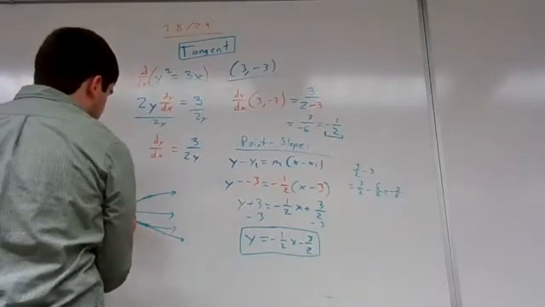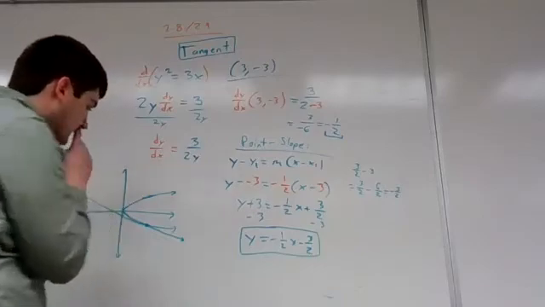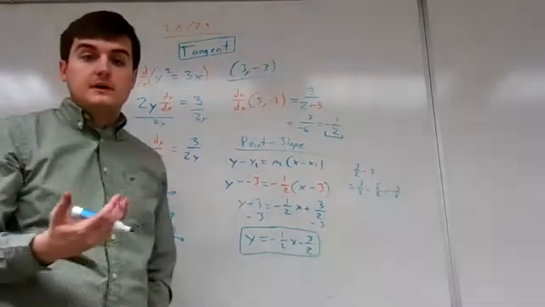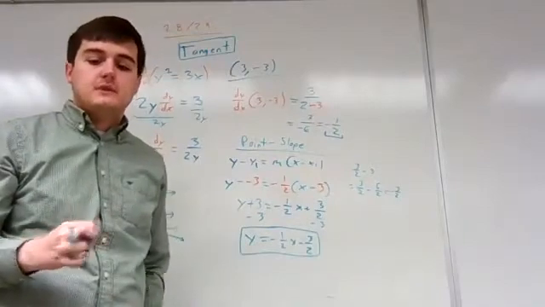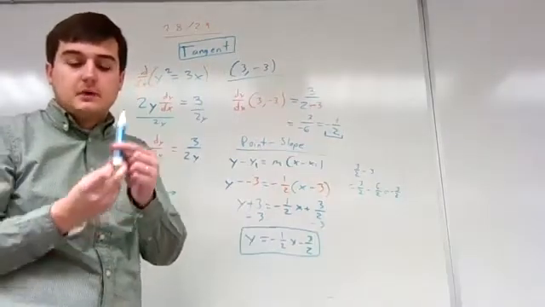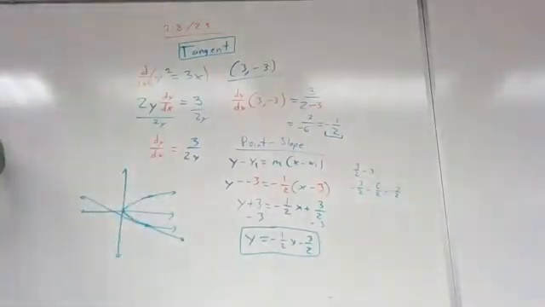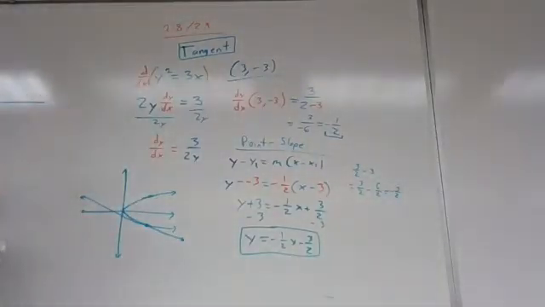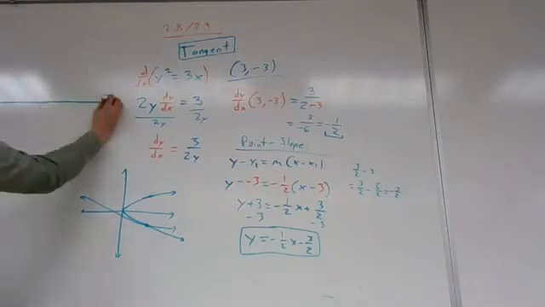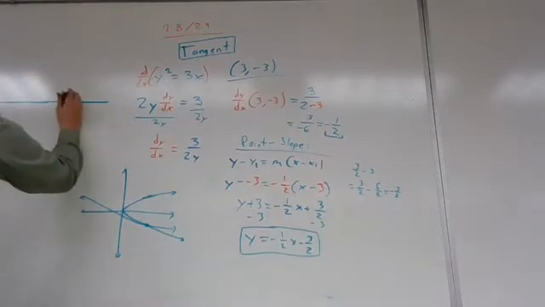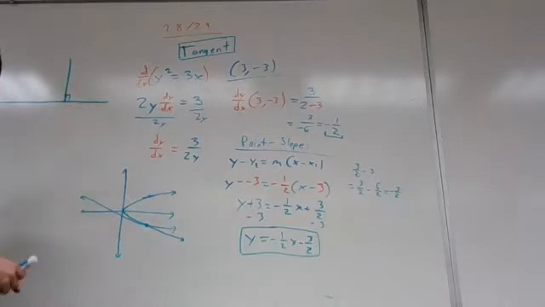looks like this. The normal line, whenever we say normal, means that it's perpendicular. So for example, if I have this straight line, then a normal line to this straight line would just be that. It's at a perfect 90 degrees between the two.